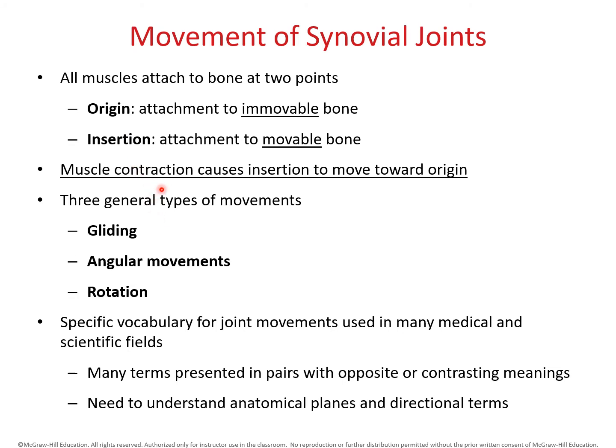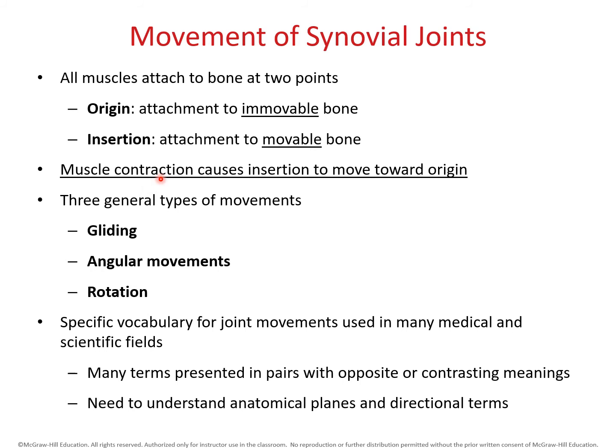Now, when a muscle contracts, what happens is that the muscle actually shortens. We will learn a lot of detail about that when we study muscle physiology. But in general, for now, you can just understand that when a muscle contracts, it becomes shorter.